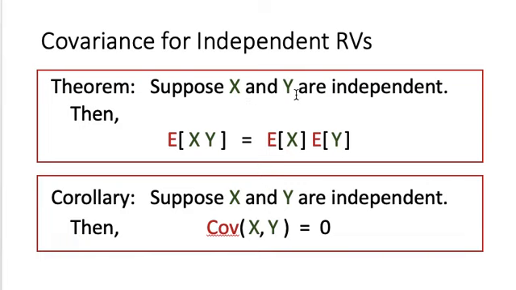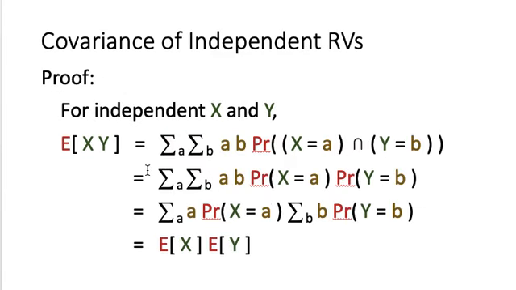Why does independence imply E[xy] is equal to E[x] times E[y]? We go by the definition. E[xy] is simply over all the possible cases x and y can take on. Let's say x is equal to a, y is equal to b. In that case, we will have a value of a times b for x times y, weighted by the probability of this occurring.